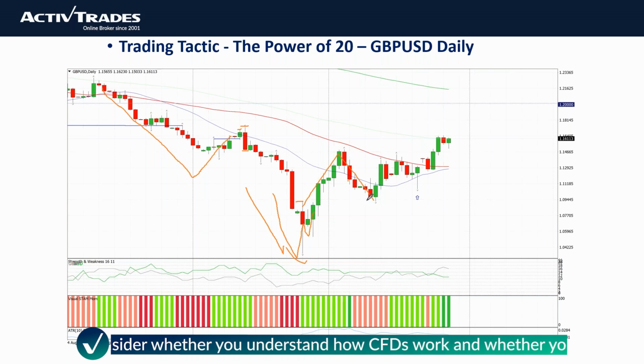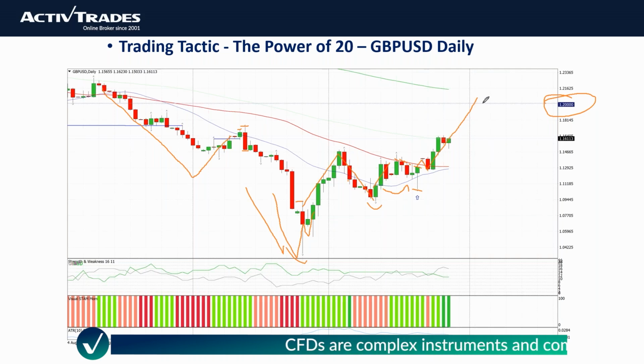comes down, and then forms a higher low, and then what happens is we see price get squeezed here. It's getting squeezed by the 50 above, but then we see the 20 has turned now. It's heading up, and price here gives us a nice bullish pin bar. It hasn't been able to close below the 20, and then it flies its way up, and price ended up going all the way back up to 120.